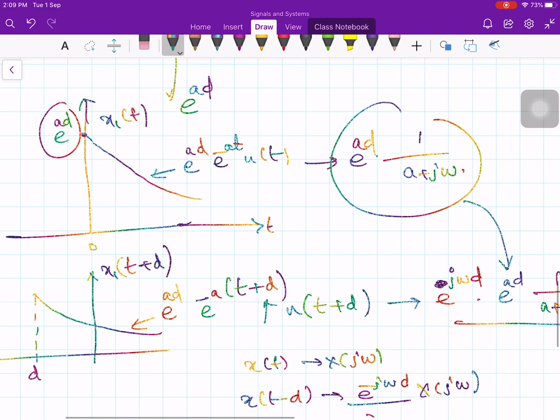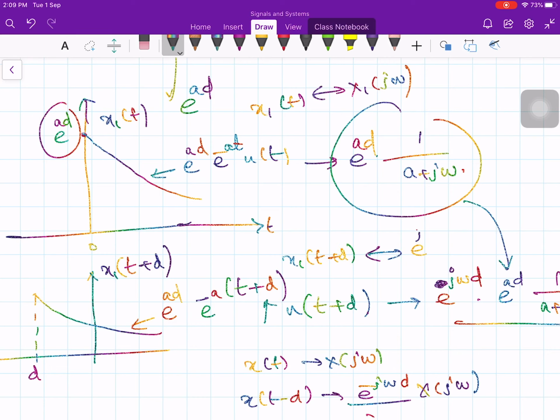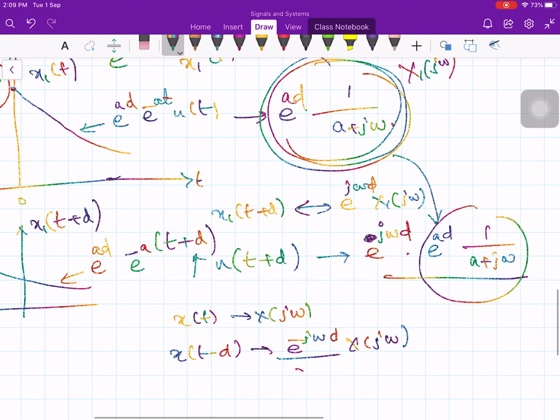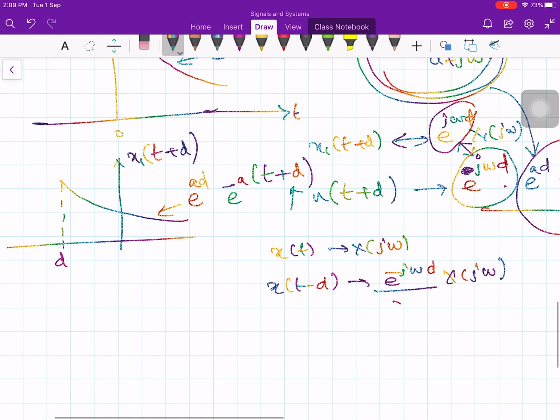So what it says is, if you take the Fourier transform of x1 of t, you will get x1 of j omega, and for x1 of t plus d, you will get e to the j omega d times x1 of j omega. So the same thing I wrote here, x1 of j omega, but multiplied by this e to the j omega d. That's it.